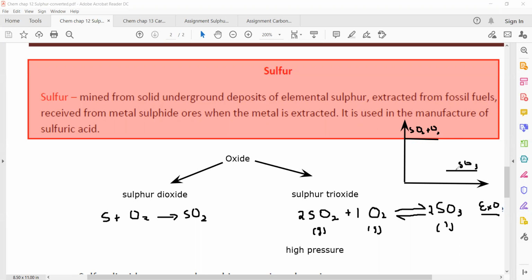I want a greater amount of sulfur trioxide. The reaction is exothermic, so the reactant has high energy and the product has low energy. So what temperature do we prefer to get a higher amount of sulfur trioxide? Pressure should be high. What about temperature? Should we increase or decrease the temperature? Because the reaction is exothermic, we should lower the temperature.